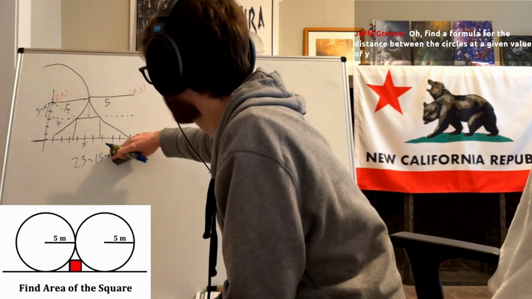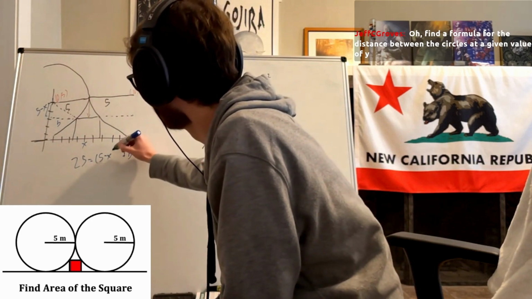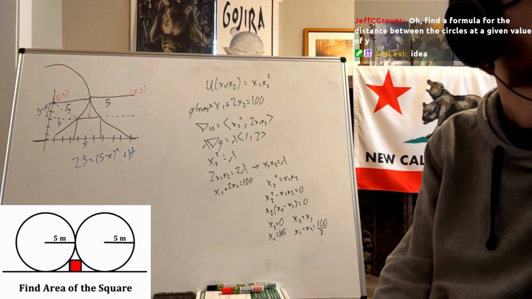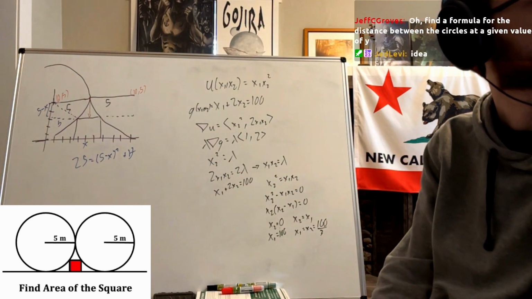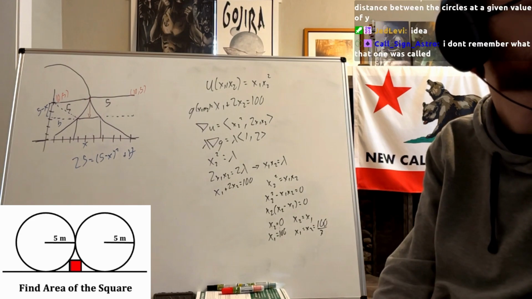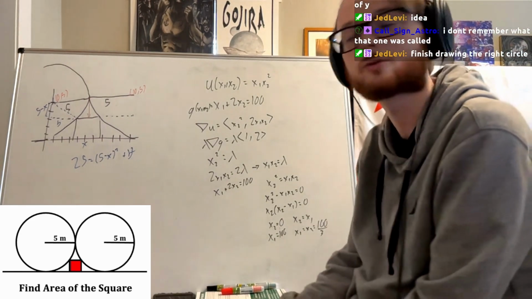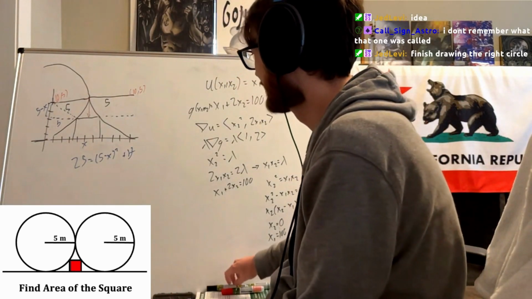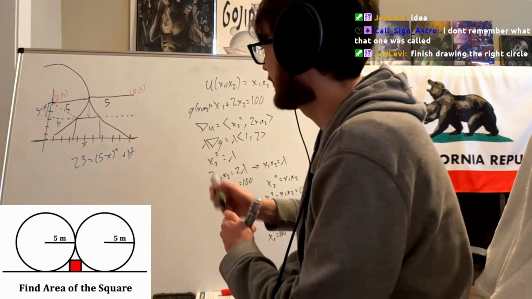Also, I don't know the Pythagorean theorem, evidently. Remember what that one is called? Finish drawing the right circle? I definitely don't see where we go from the Pythagorean theorem there.